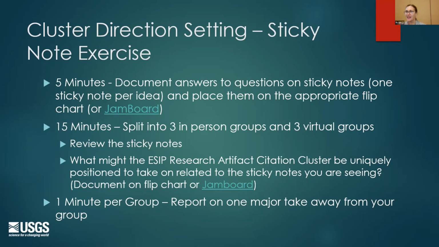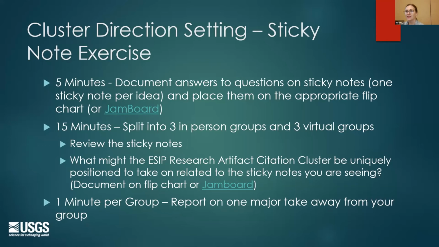After we take these 5 minutes to think and put up our sticky notes, we are going to split into breakout groups. There'll be 3 here in our room, and 3 virtual groups. We're going to ask each group to take one of the questions and review the sticky notes, have a mini discussion in your group, and think through what the ESIP research artifact citation cluster might be uniquely positioned to take on with respect to the ideas we're seeing on the sticky notes.